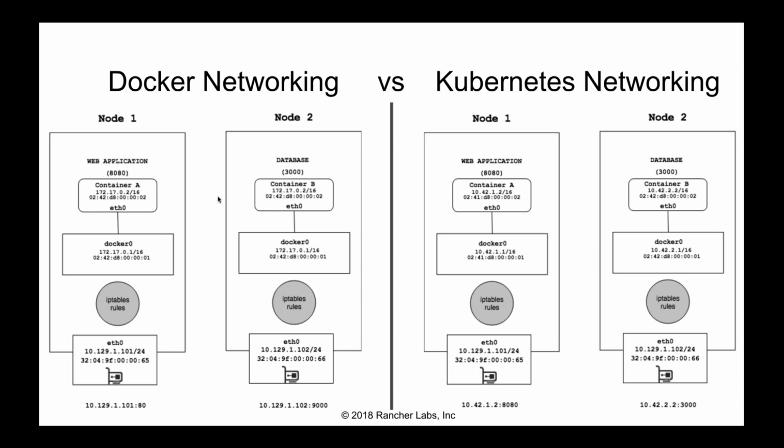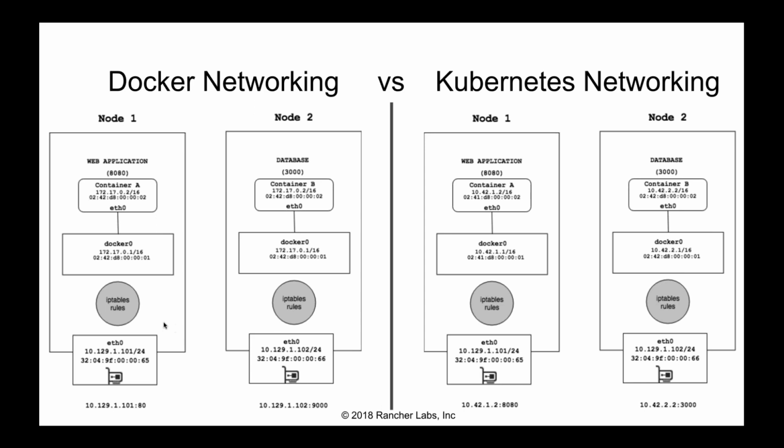In a similar way, we have container B on node 2, which is a database container exposing its service on port 3000. Now when these two containers want to talk to each other, we can see the problem immediately: the IP addresses are not unique, and you can't communicate with each other.